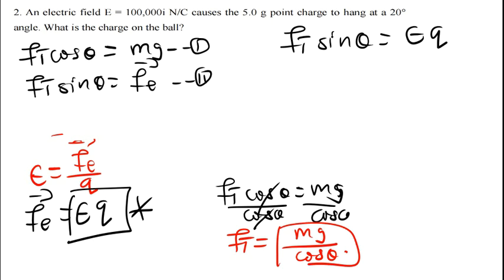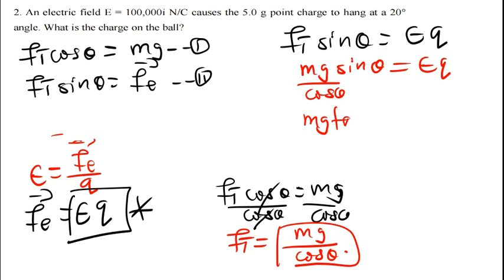So where there is Ft in this second equation, I will replace it with mg divided by cos theta, then times sin theta is equal to Eq. So sine divided by cos is tan. So we have mg tan theta is equal to Eq.